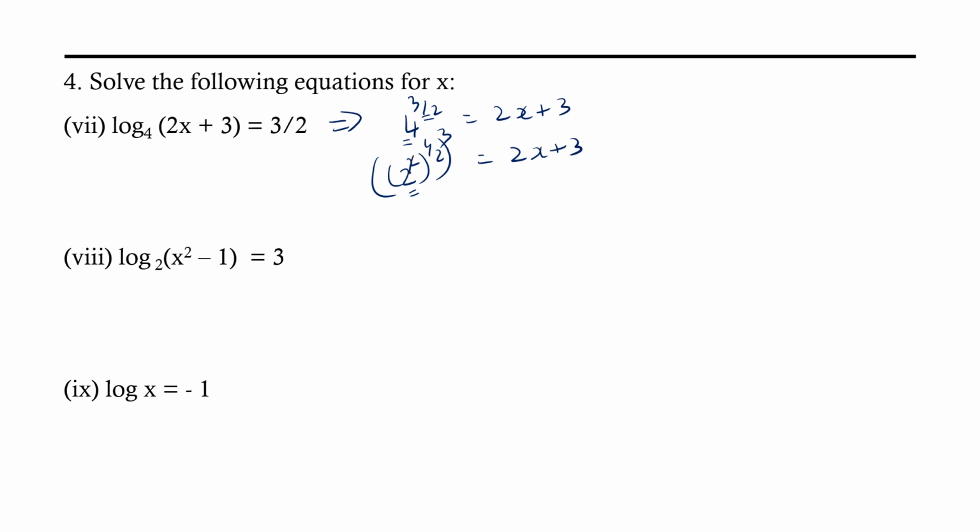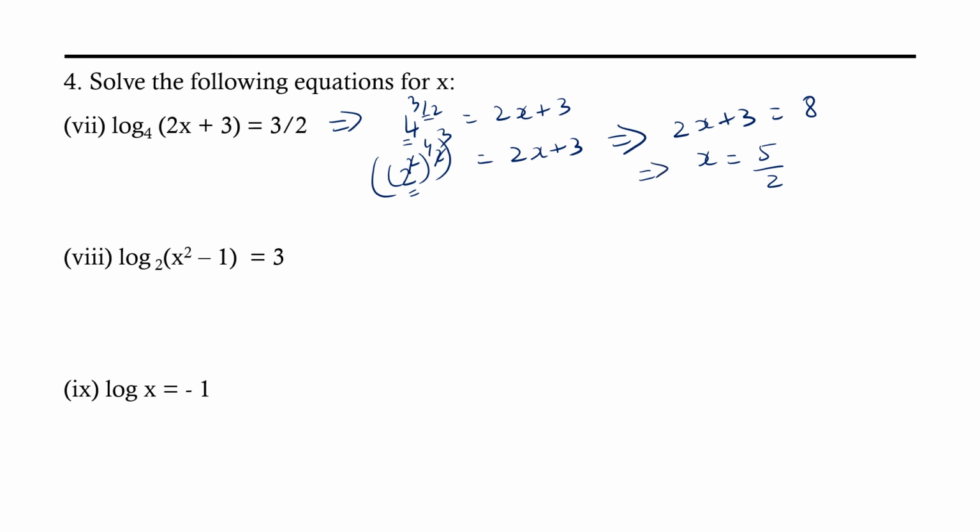Now square and root will go. We have 2 raised to 1 the whole cube, which is 8. So from this we get 2x plus 3 equal to 8, or we have 2x is equal to 5. So x is equal to 5 by 2.